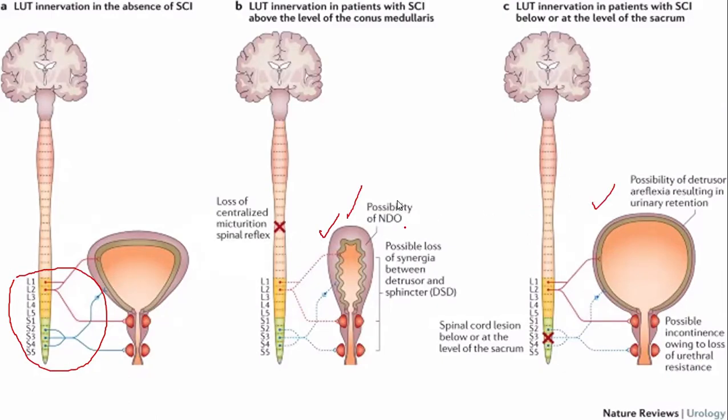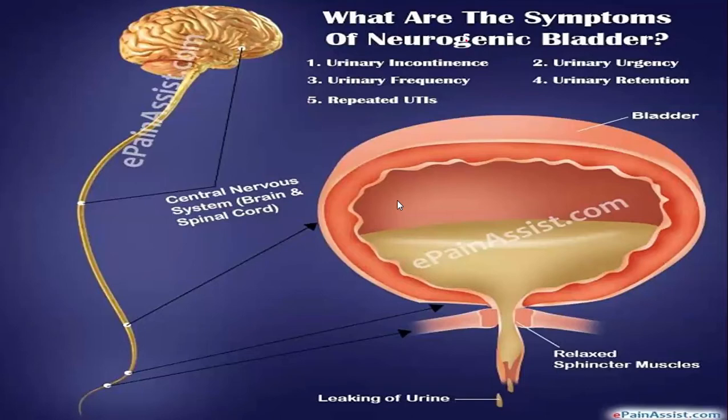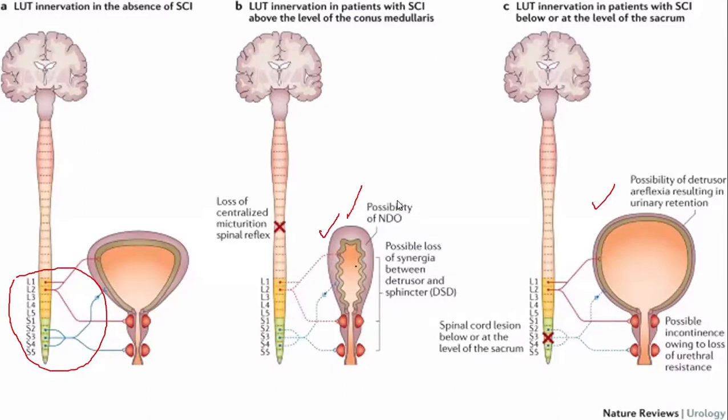So what are the symptoms of the neurogenic bladder that produces the so-called Christmas tree urinary bladder? Urinary incontinence, that is, you cannot control it. Even for just a small volume, you immediately urinate.